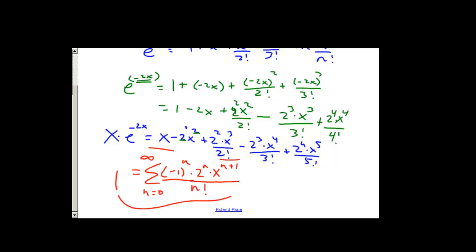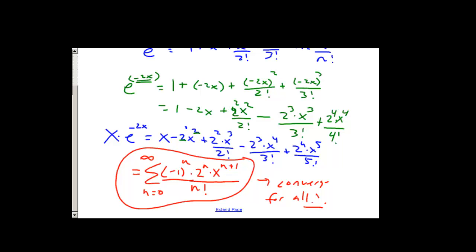And you can do a little bit of testing to see if that is in fact true, and it is. And because e to the x converges for all x, this whole function will converge for all x.